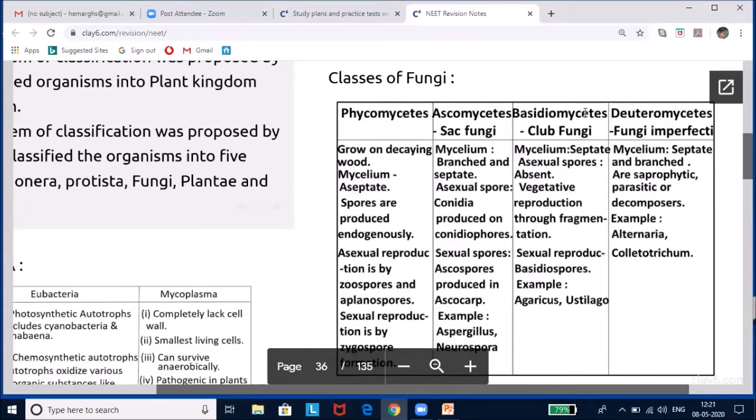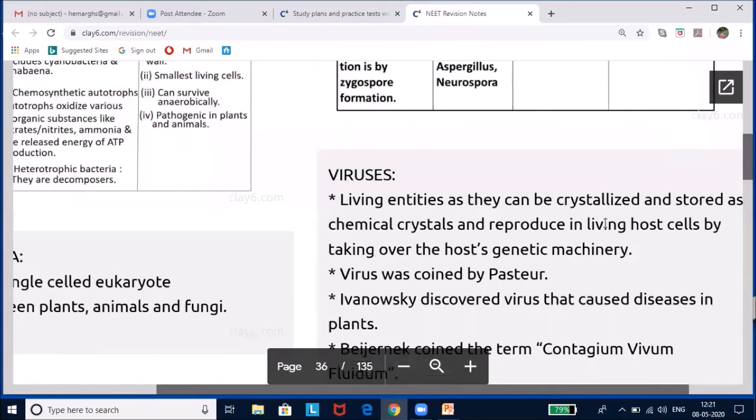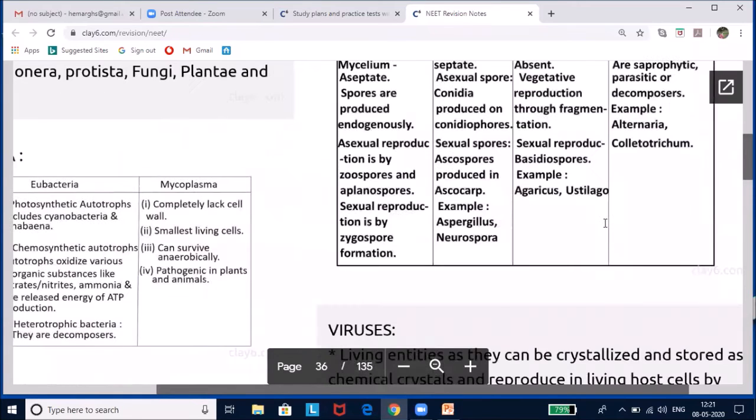For those organisms whose sexual stage has not been discovered even till now, they have been separated and kept under fungi imperfecti. Examples: Alternaria, Colletotrichum, Trichoderma, etc. And most of the plant diseases are caused by Deuteromycetes or fungi imperfecti.